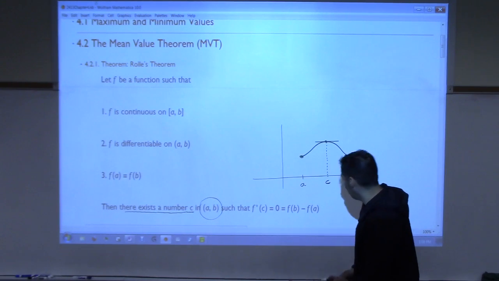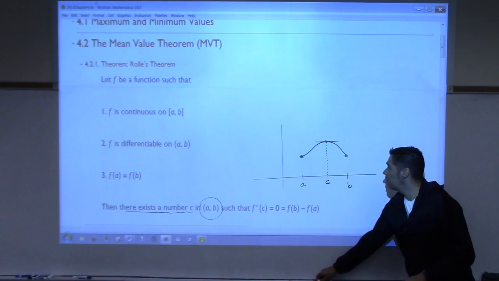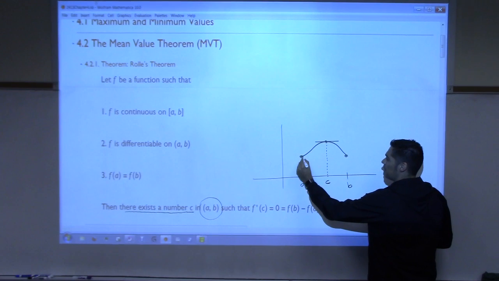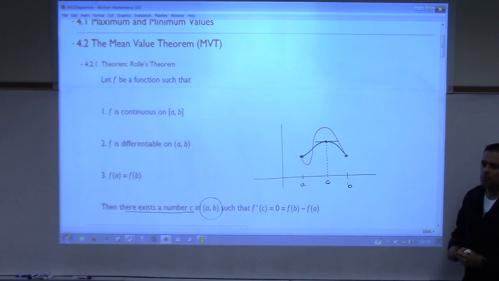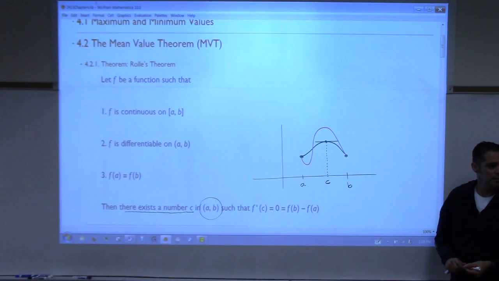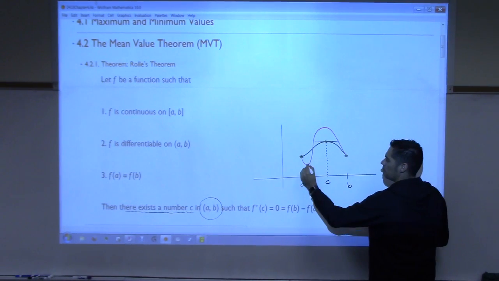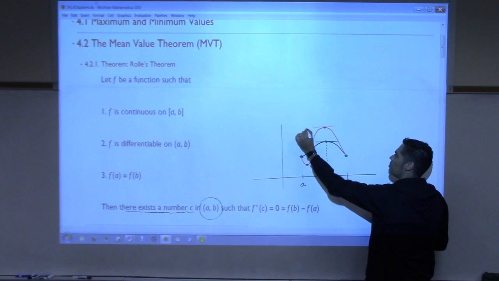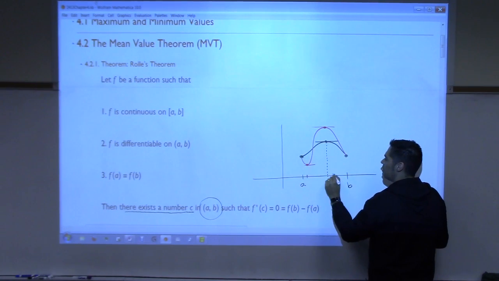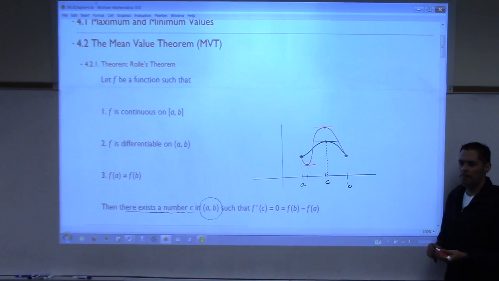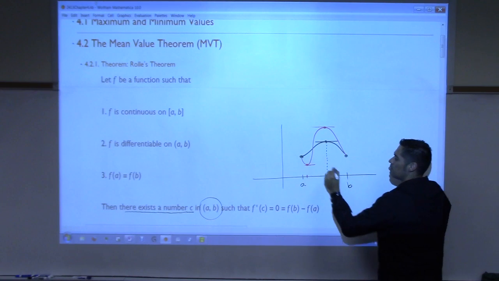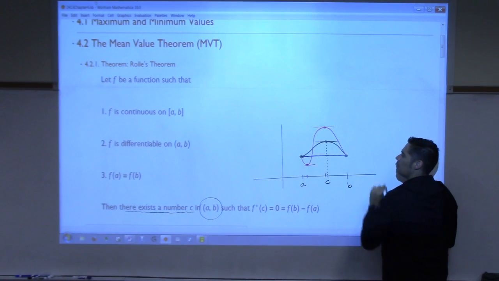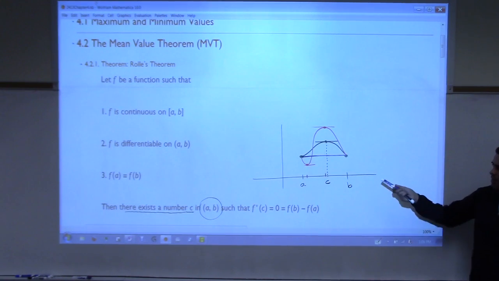You can't try and draw something different in here. What if I did something like this? I would actually have two places, wouldn't I? I would have one here and here, where the slope of the tangent line would be 0. I would have two c's. Make sense? It would be impossible to have that not happen. What about straight across? That's continuous.